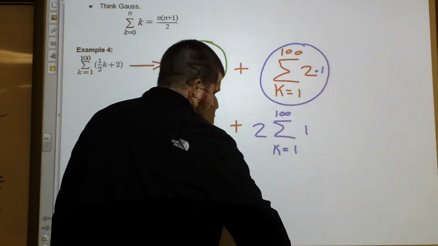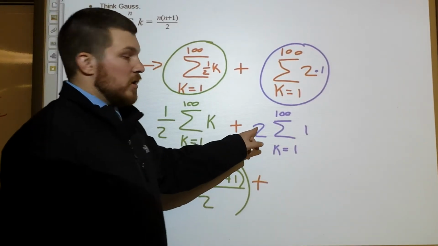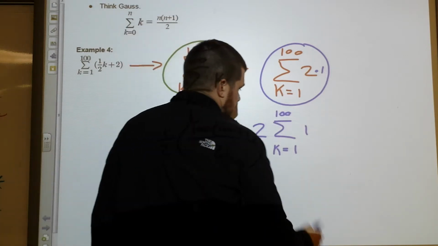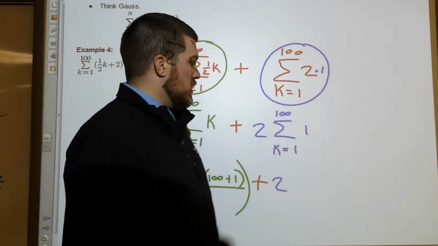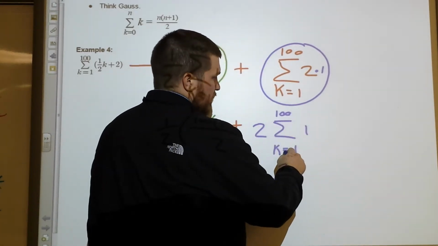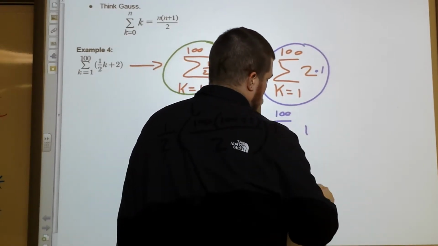Okay, now plus just falls down. Again, the coefficient for our second sigma just stays on the outside. And we just had an identity that said to add up a bunch of 1s. So a bunch of 1s, when we started with the first term, it was just n. And remember, n is on top, so this time it's just 100.